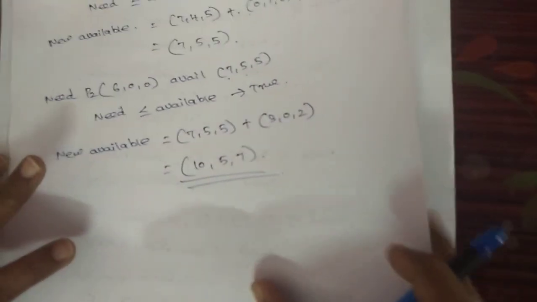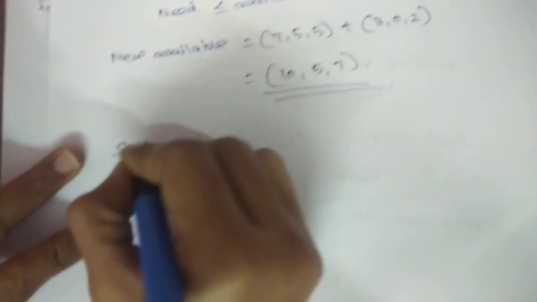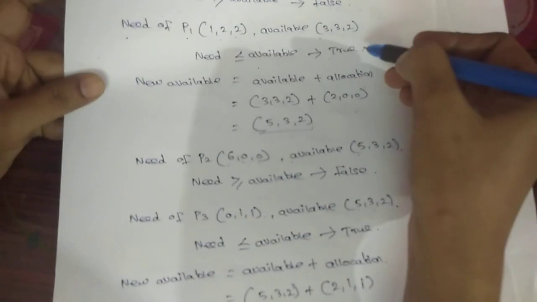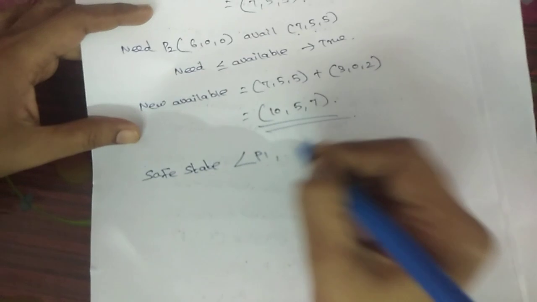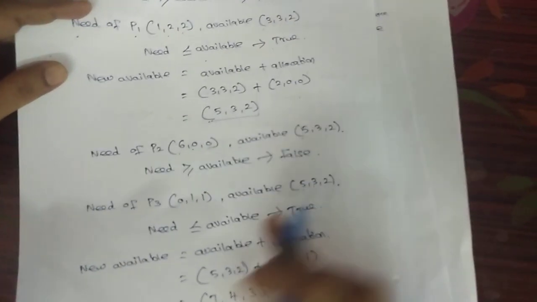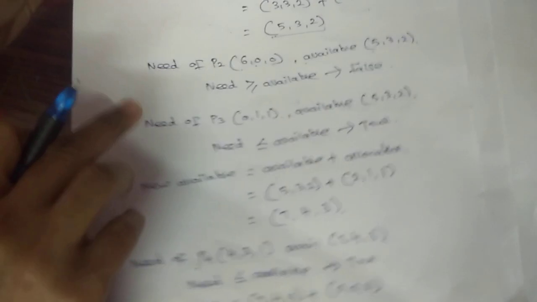Okay, what is the order of execution of these processes? Safe state. First, which process has been executed? That is P1. After completing process P1, we succeeded with P3, and then we succeeded with P4.